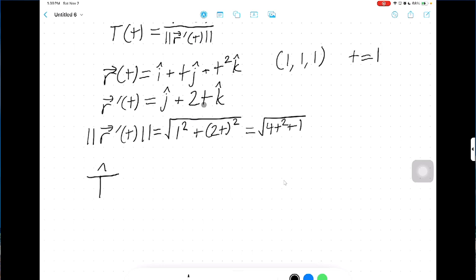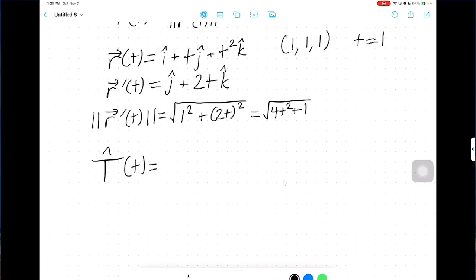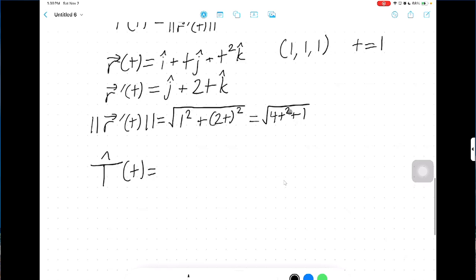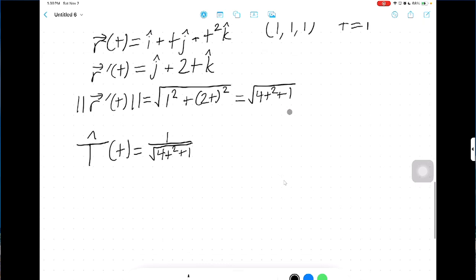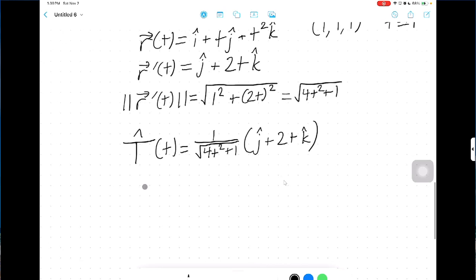Finally, for the unit tangent vector, we would have the derivative divided by its magnitude. So I'm just going to put a 1 over on the side here, just to make this cleaner, and we have 1 over the square root of 4t squared plus 1 times j plus 2t k, like this. You can rewrite this in any way that best seems fit. And this should be it.